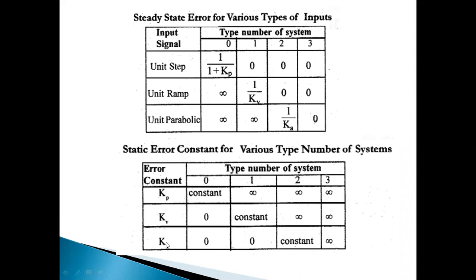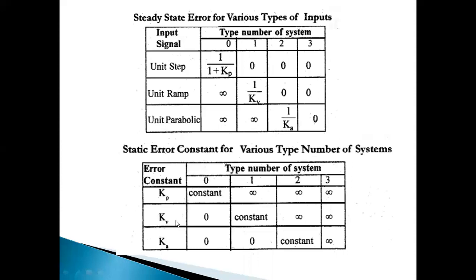If we calculate the error constant, the position error constant is a constant value for type 0 system. We have already derived this. For type 1 system and higher order systems, we have infinity.